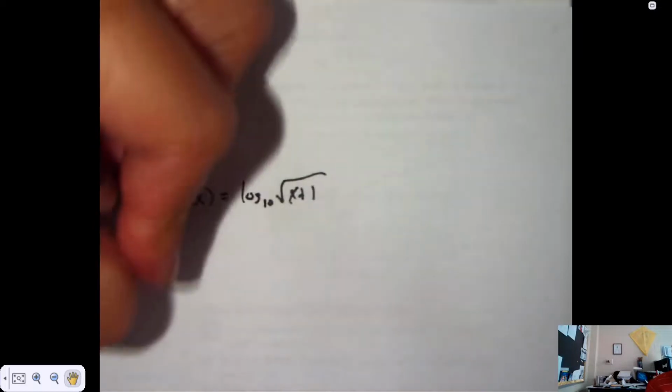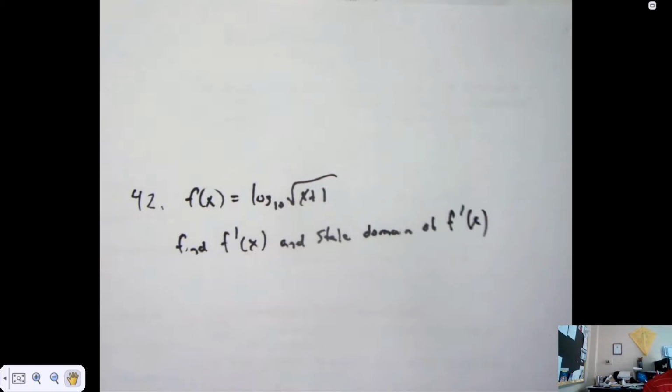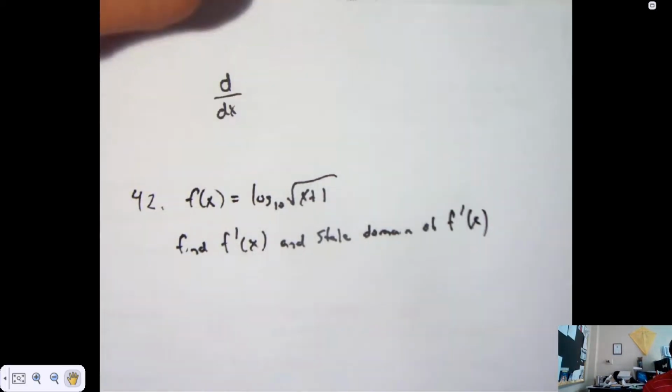No, 42 is a logarithm with a radical in it. You're supposed to find f prime and state its domain. I didn't actually go over domain yesterday. All right, so first off, I see a logarithm, which means that I have to know how to find the derivative of a logarithm.